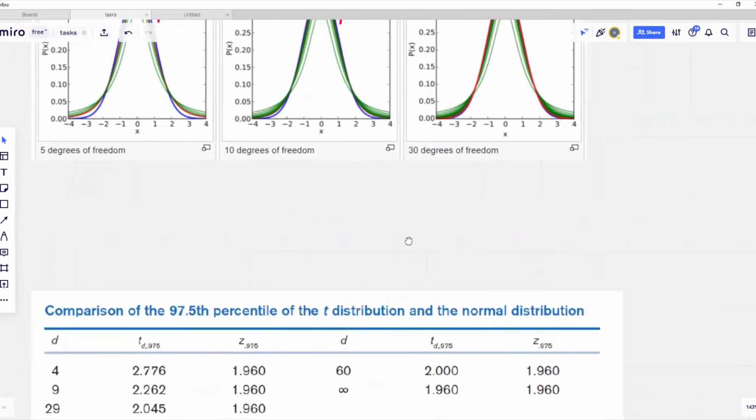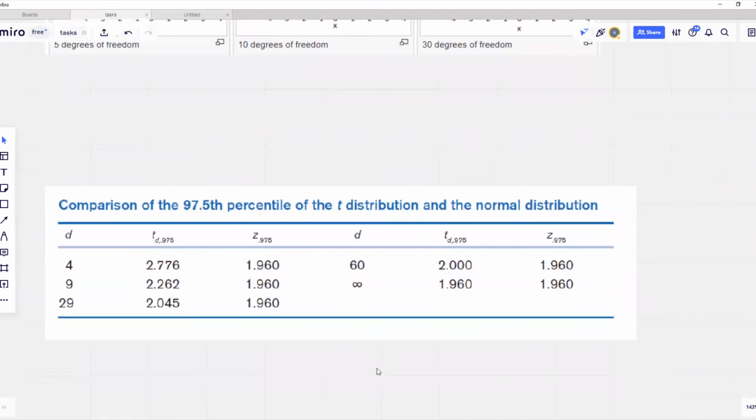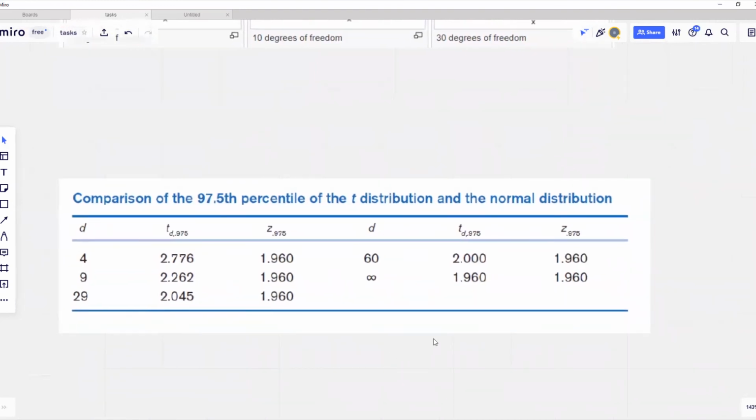We can check that by looking at the percentiles of student t distribution and standard normal distribution. So here is the 97.5th percentile for student t distribution with degrees of freedom equal to 4. Here is the 97.5th percentile for standard normal.